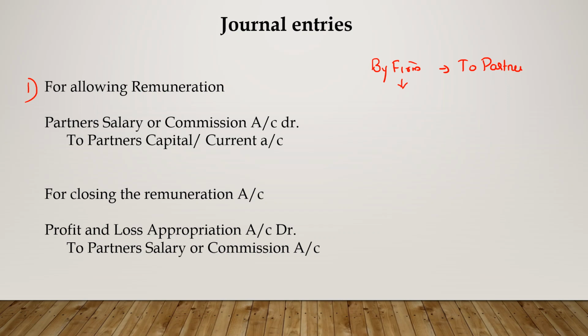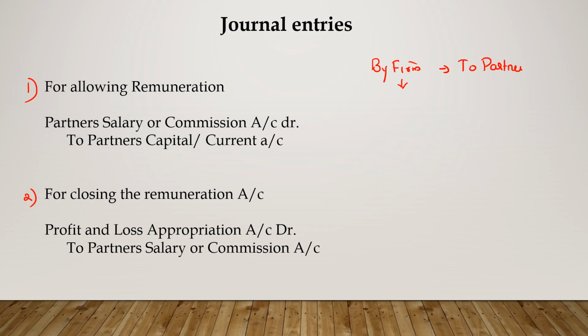Why capital or current account? If the fluctuating method is used, then it is credited to the capital account. But if the firm is following the fixed capital method, the amount of remuneration is credited to the current account of the partners. So this is the journal entry you pass when you are allowing remuneration.